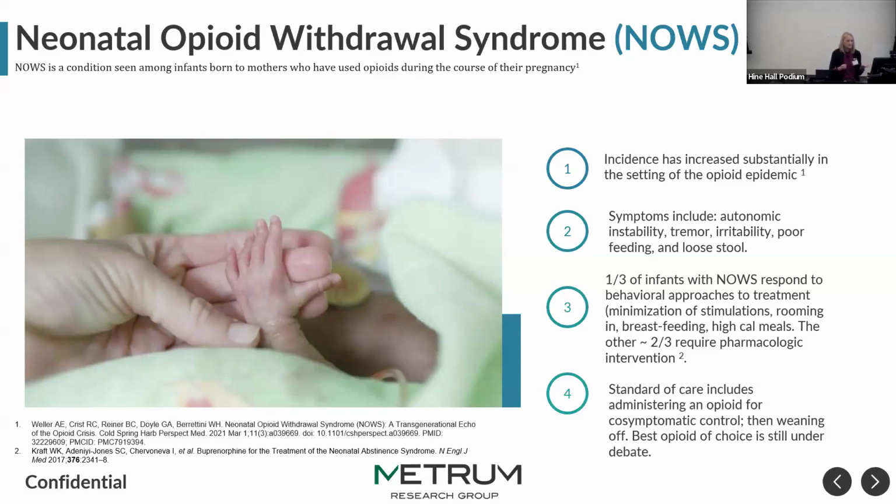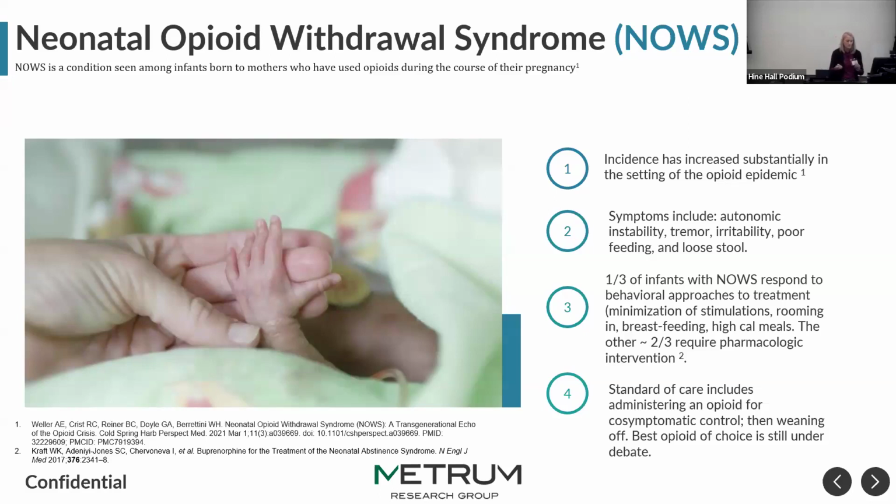The symptoms of this include irritability, autonomic instability, poor feeding in these infants, and loose stool. About 1/3 of the infants with the syndrome can actually respond to behavioral approaches, like low stimulus settings, turning the lights down, more frequent feedings and breastfeedings, rooming in, things like that, that can definitely improve or even cure the syndrome.